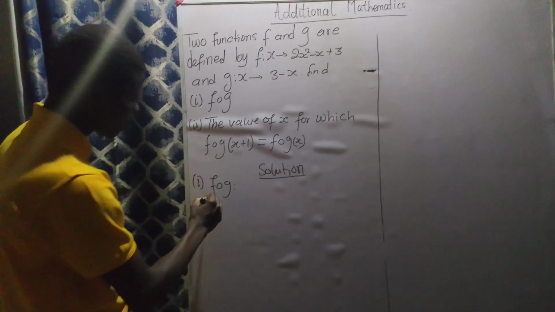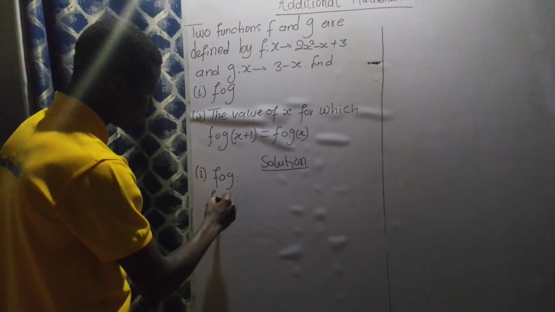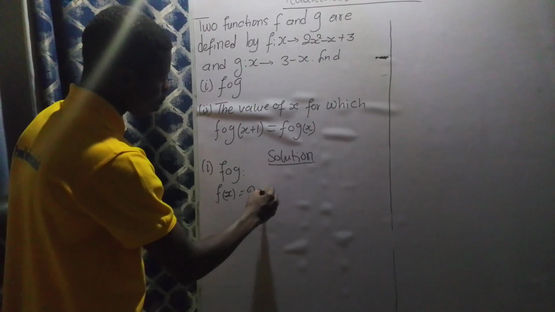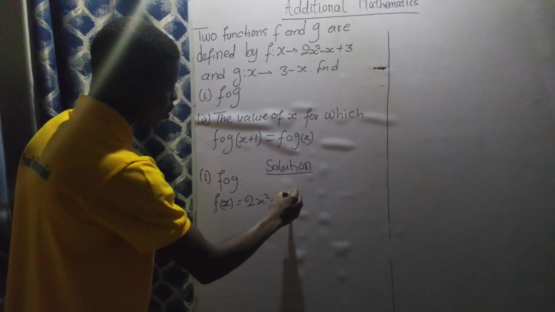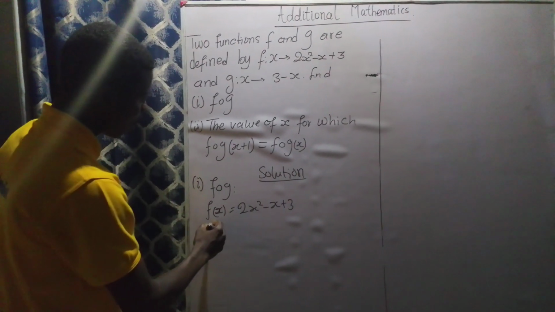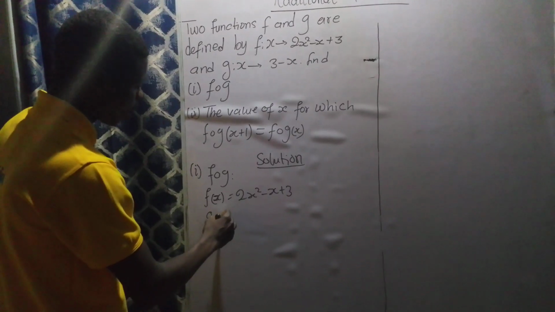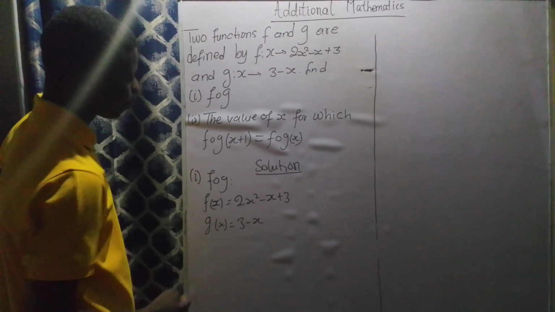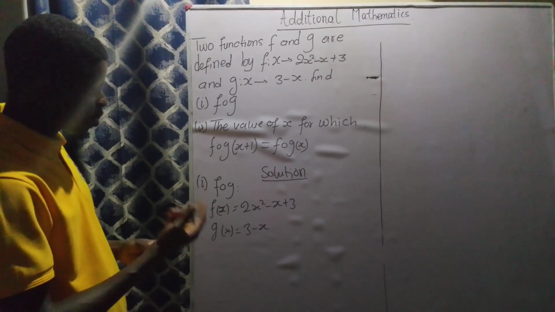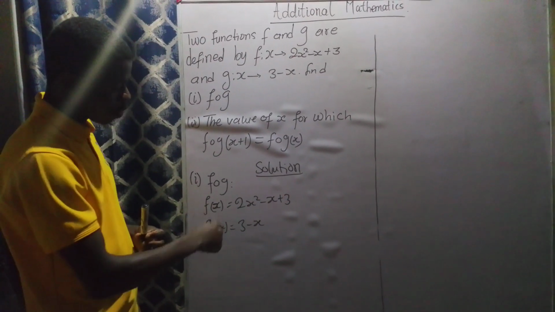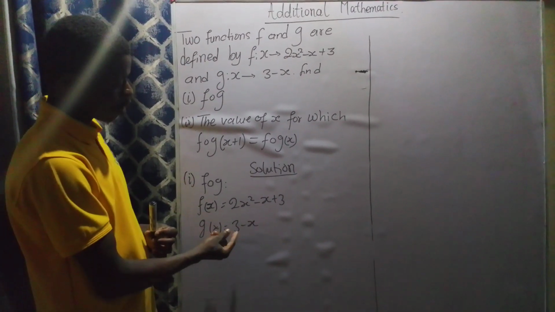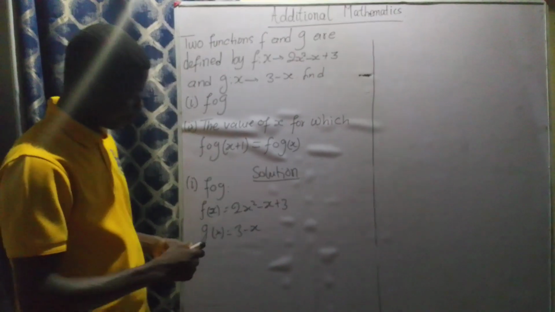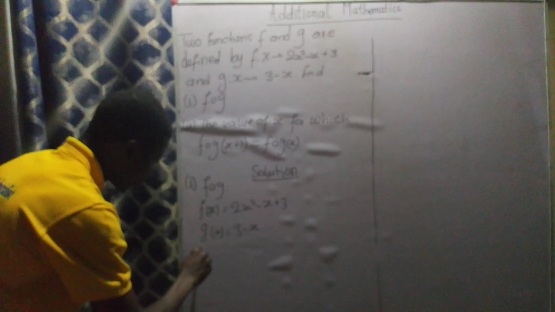But do not forget our f function, f of x, is 2x squared minus x plus 3, and g of x is 3 minus x. What it means is that you substitute the g function into the f of x function. So how do you go about it?